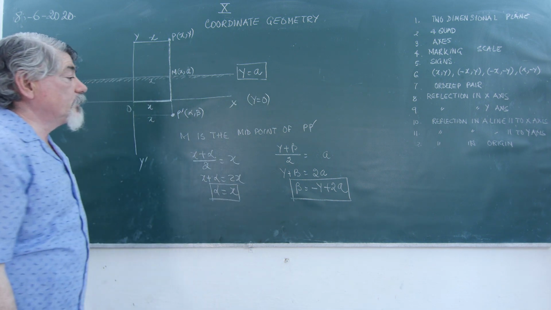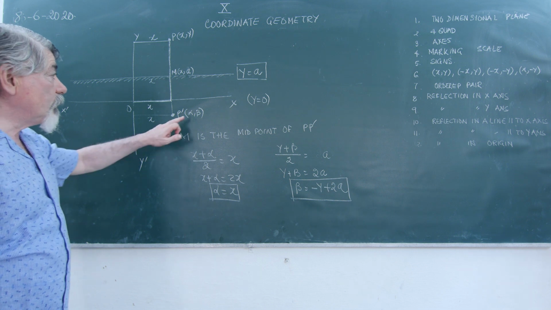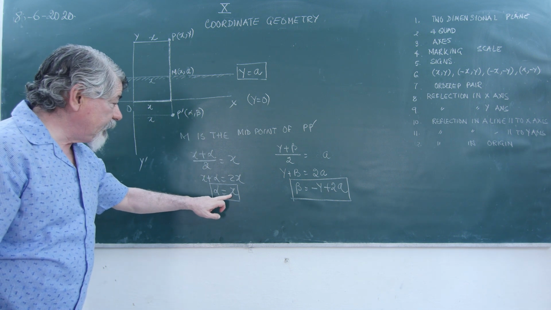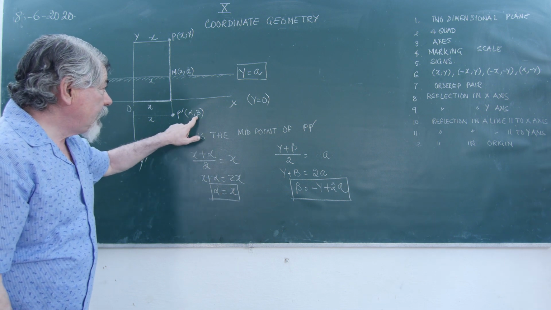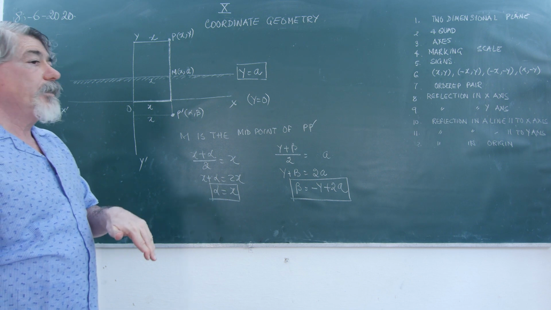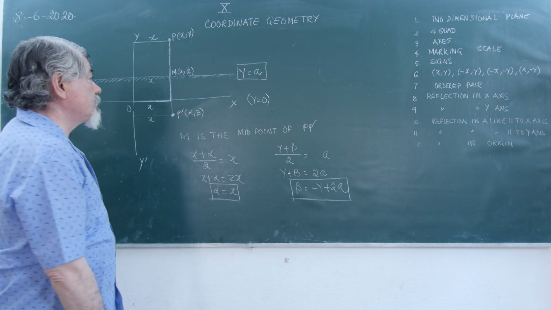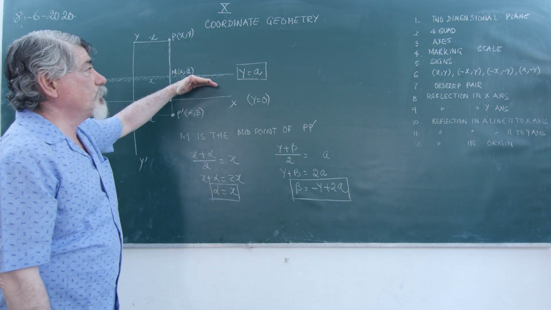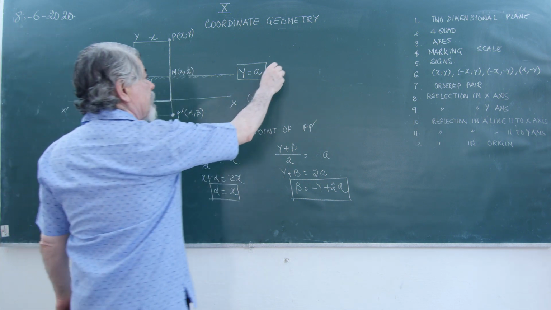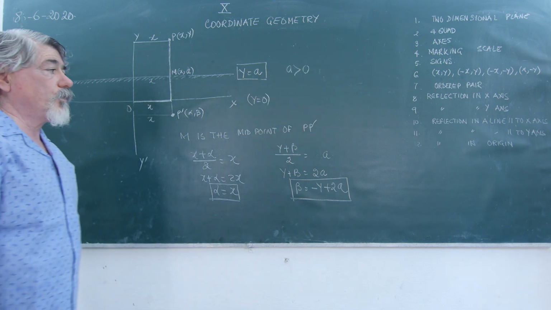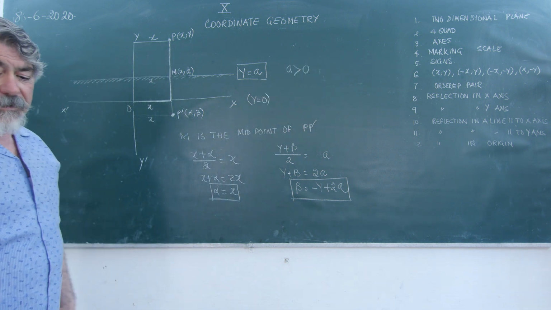So you have got the reflection. Alpha is equal to x, and beta will be minus y plus 2a. Now this is the reflection in y equals a, where a was greater than 0, positive. Later on I will discuss also if a is less than 0.